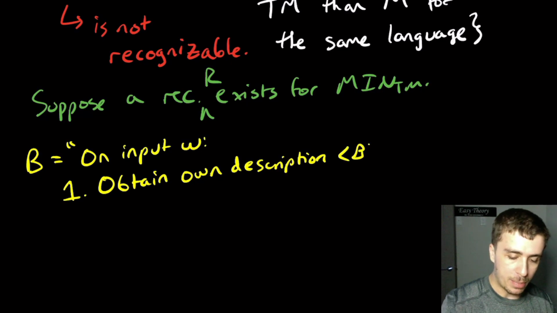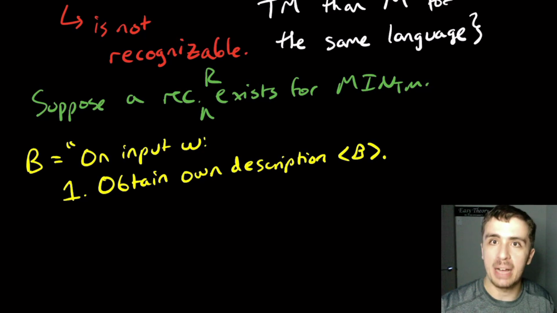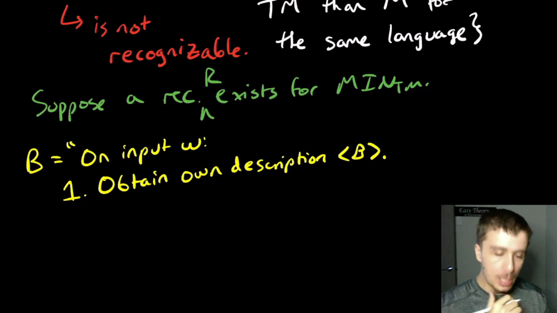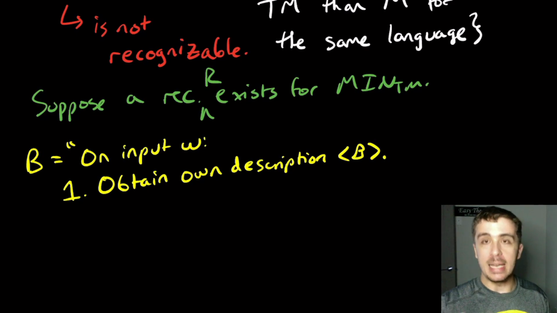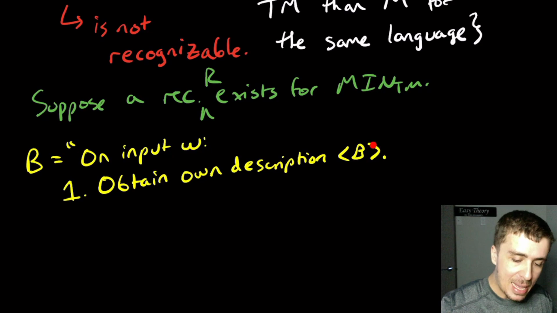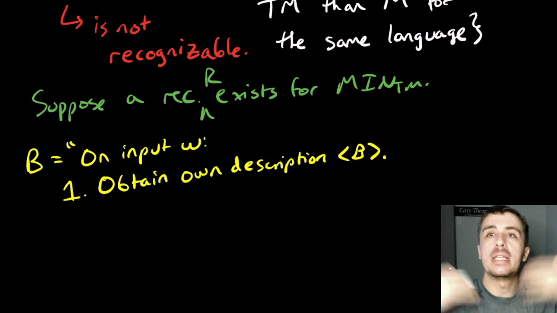We called the machine B, so we're going to call the description B, obviously. And we can do this by the recursion theorem. So what we're going to do is run this recognizer until we get a machine that is larger than this. B is of finite size, so we can always find a machine that is of larger size.